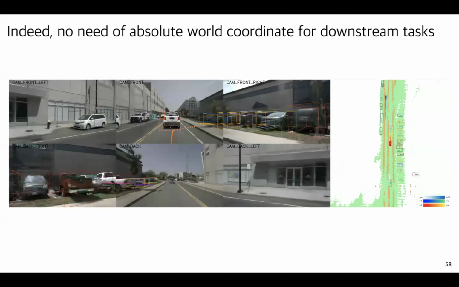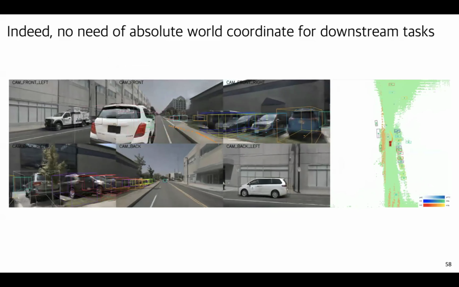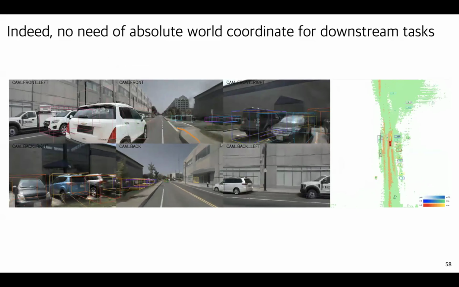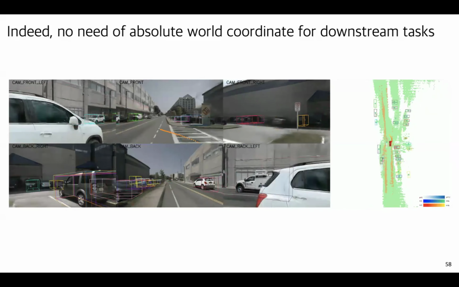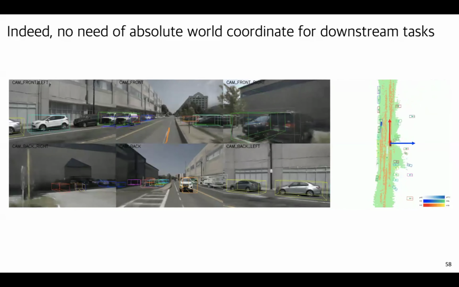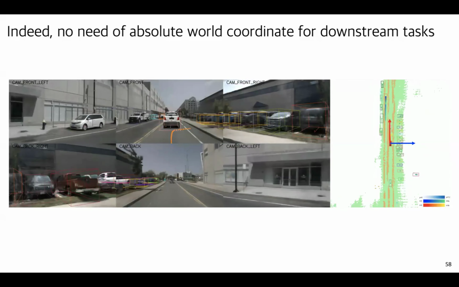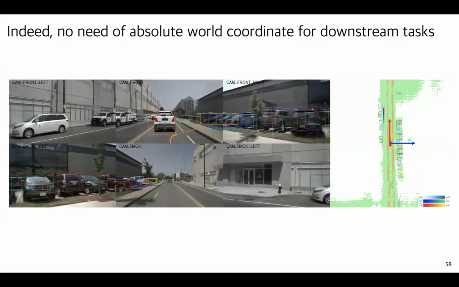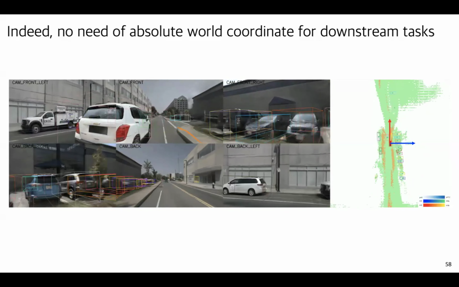If we look at how autonomous driving systems work, in the BEV image on the right, what matters the most is how the ego vehicle is situated with respect to the world, right? So we can canonicalize everything based on the ego vehicle, based on the observer itself.